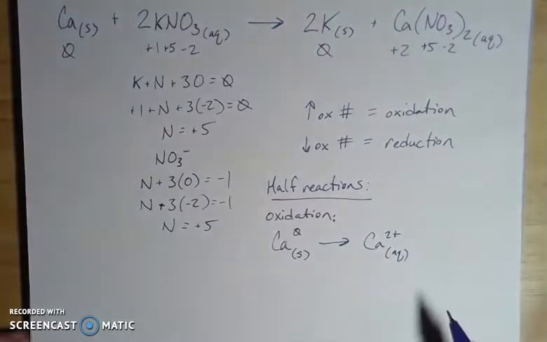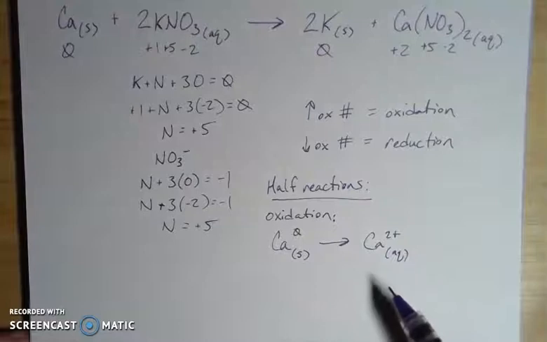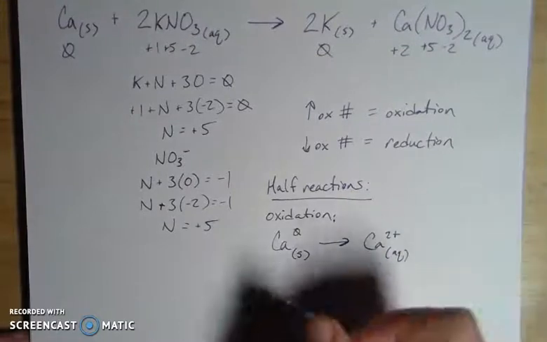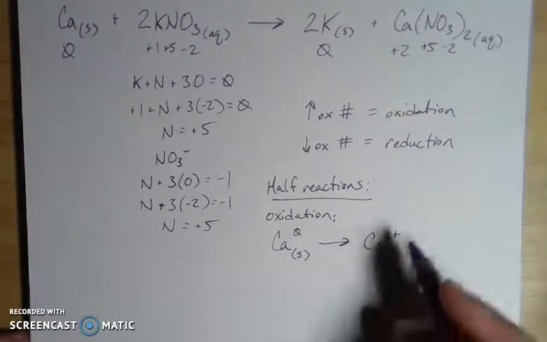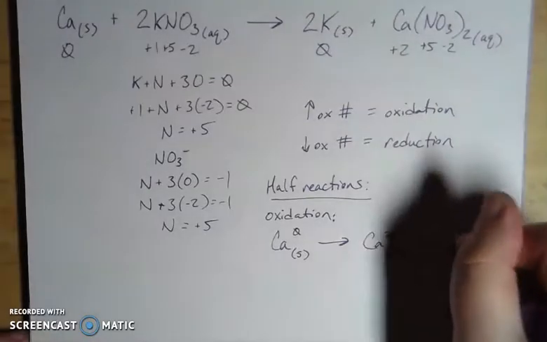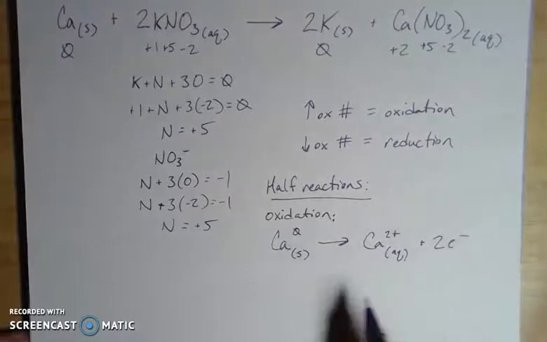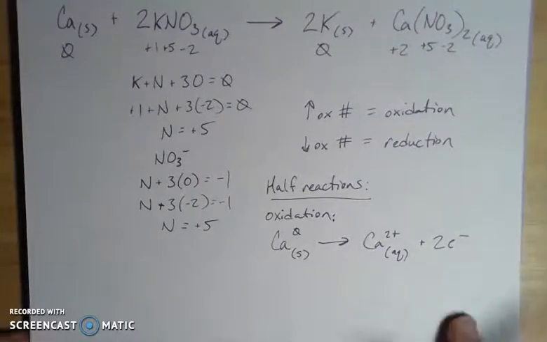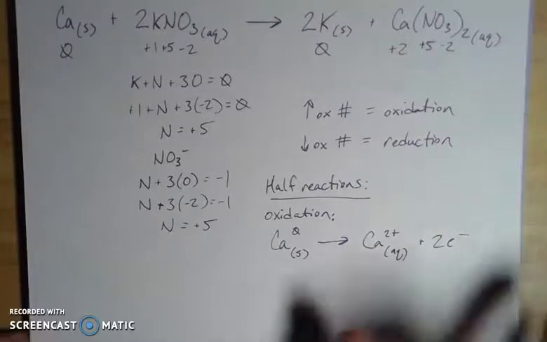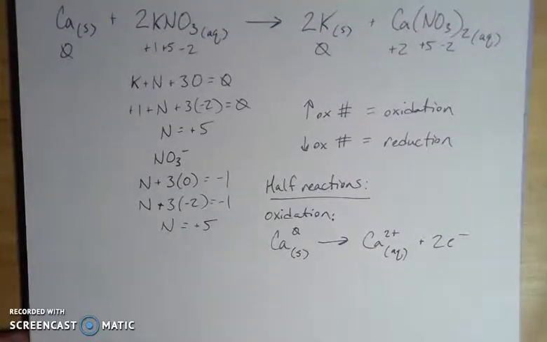And how do I do that? In order to do that, I need to lose 2 electrons. If we're balancing out the charges here, I have a positive on this side, so my electrons must be on this side, and I need 2 of them to balance out the 2+ charge. Electrons on this side of a reaction like this indicate loss. They're a product, so they are being lost in the process.